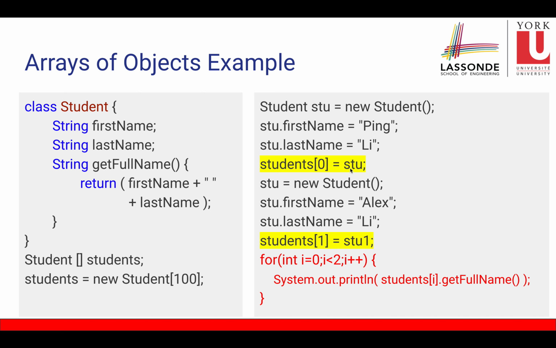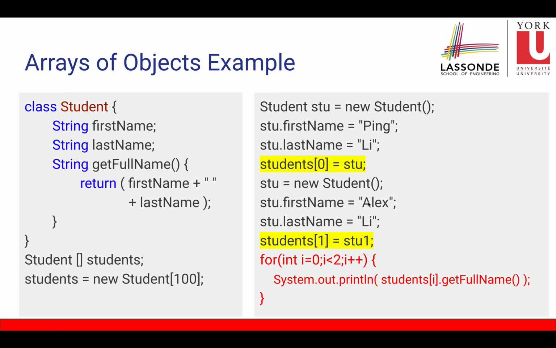So the student name is the same, but the content is different. Then we know in the array, the first element includes the first student and the second element includes the second student.